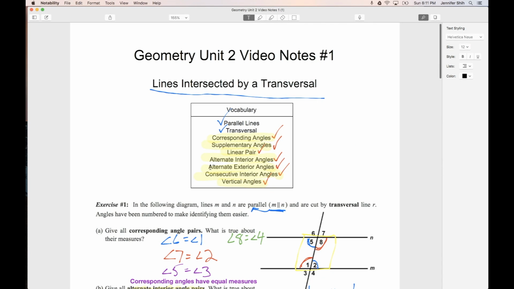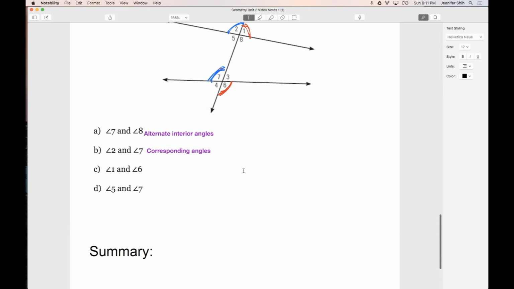Instead, they're alternate exterior angles. So they're on the outside and they're not corresponding angles, so they are alternate angles. They're not supplementary. If these were parallel lines, then they would be supplementary. The point of this is that these are not parallel lines.